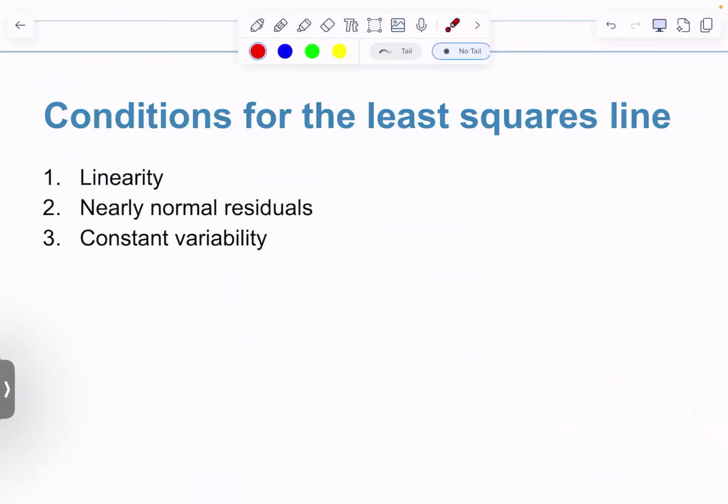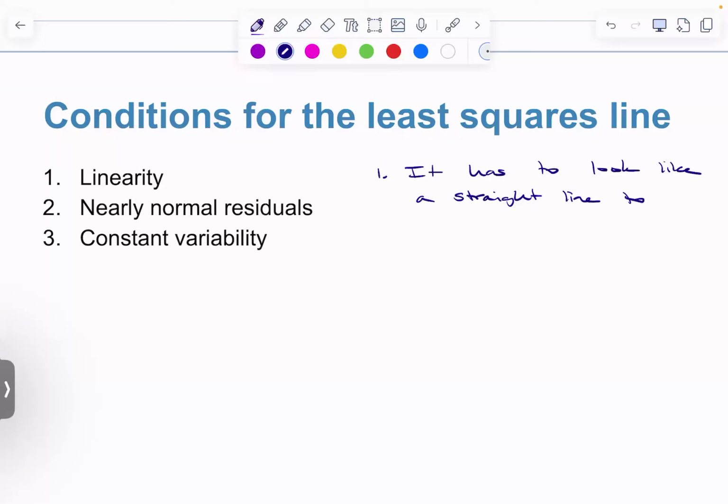It has to look like a straight line to model it with a straight line. That's fine.